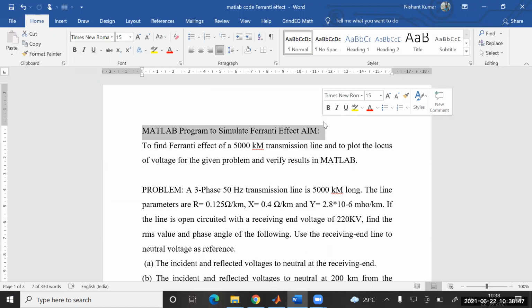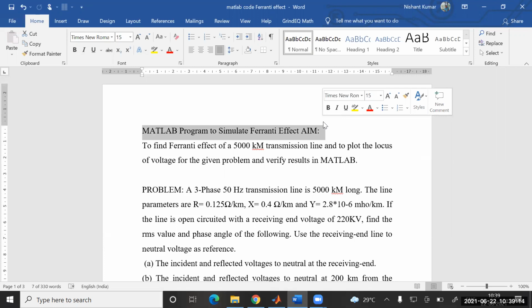We'll use a MATLAB program to simulate this Ferranti effect. So the aim is to find the Ferranti effect of a 5,000 kilometer transmission line, and to plot the locus of voltage for the given problem and verify the result in MATLAB. Again, this is what you have to verify.